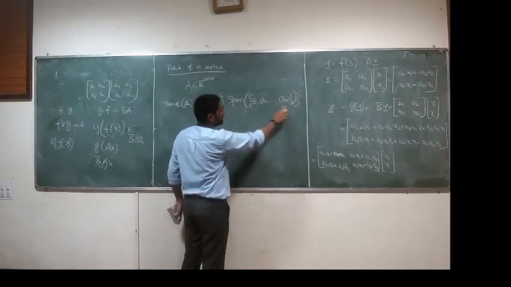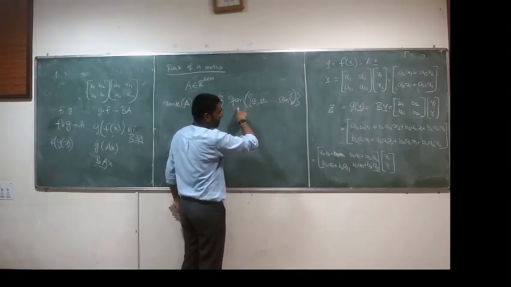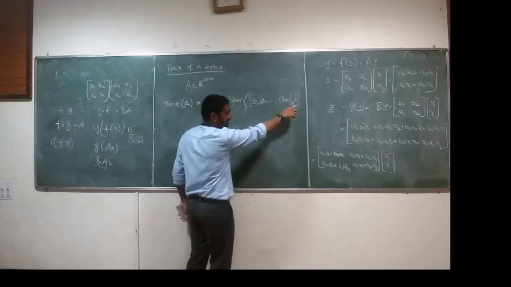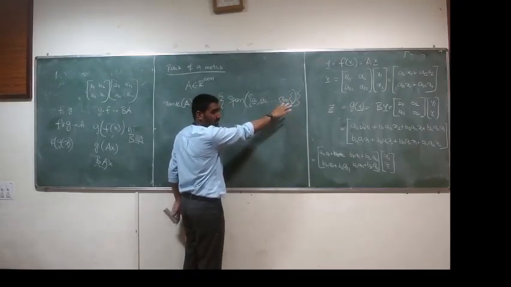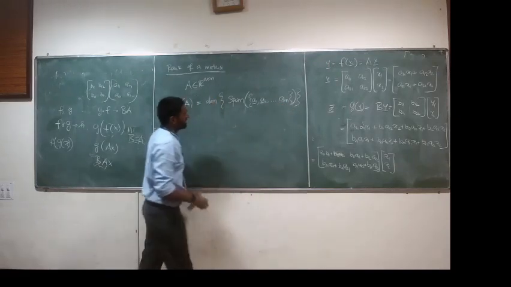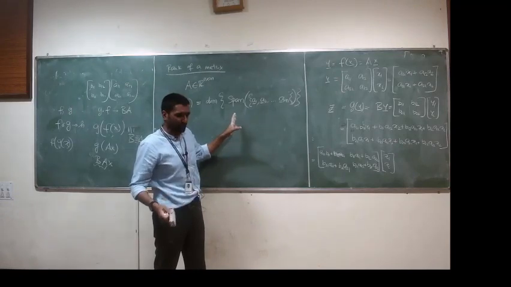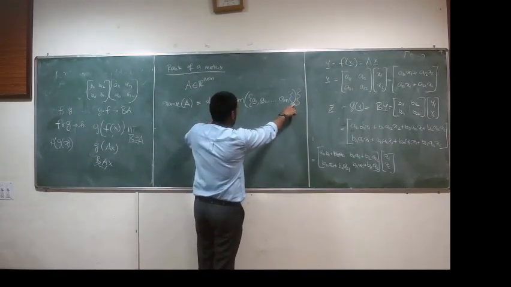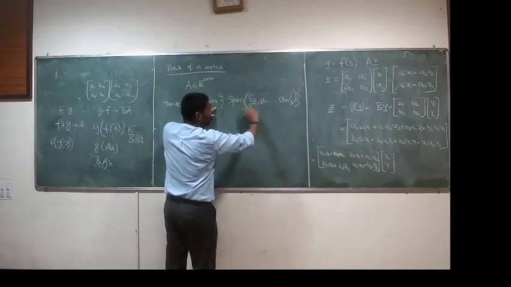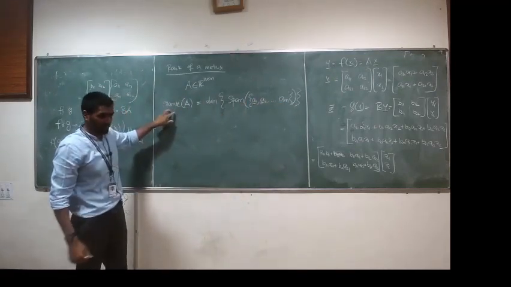So the span of the columns of A is simply the set of all possible vectors you could have generated by taking linear combinations of the columns of A. Whenever you take a span of a set of vectors, you do get a subspace. So this is a vector space, and the dimension of that vector space is what is defined as the rank of a matrix.